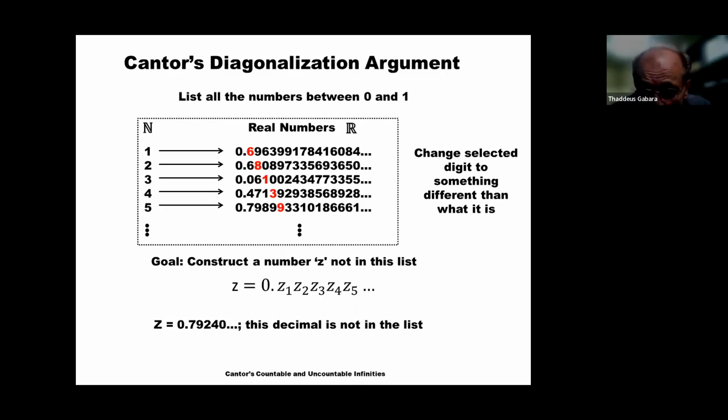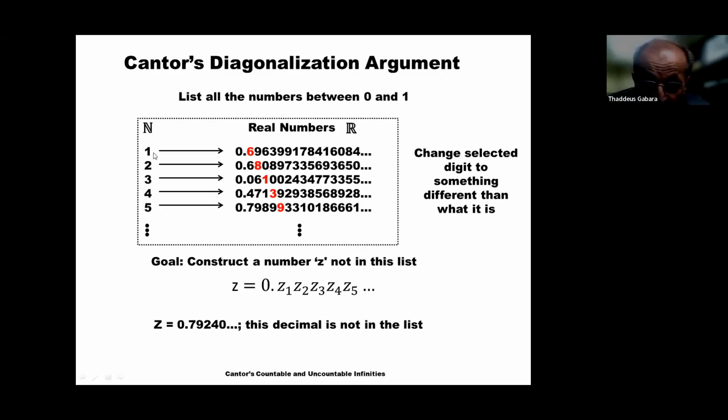And what he wants to do, his goal, is to construct a number z that's not in this list. So this z will be 0 dot positions z1, z2, z3, z4. And he goes, what am I going to fill these positions with? He goes, I know, I'm going to take this diagonal all the way to infinity.